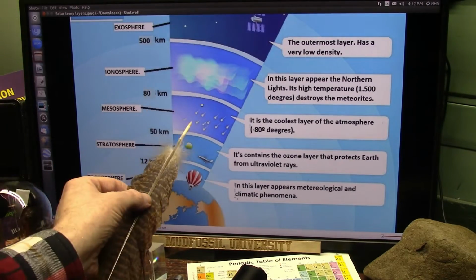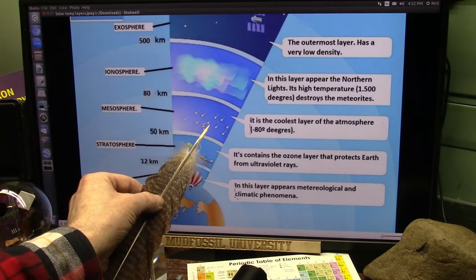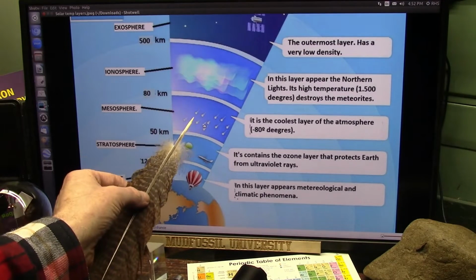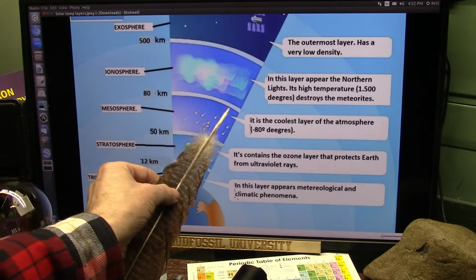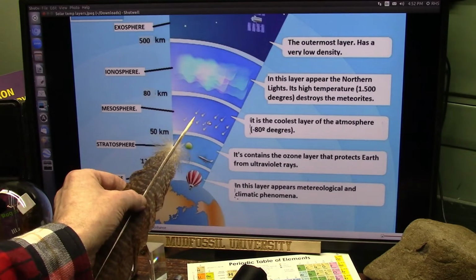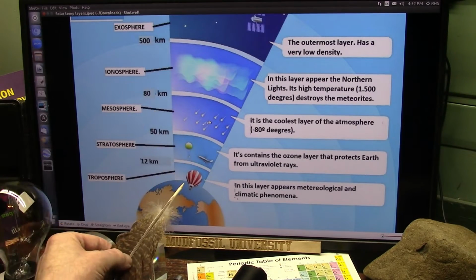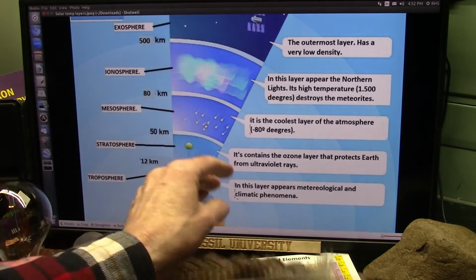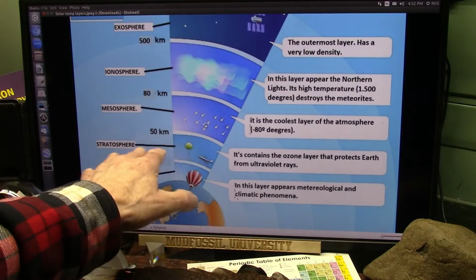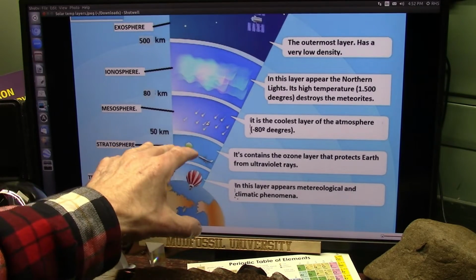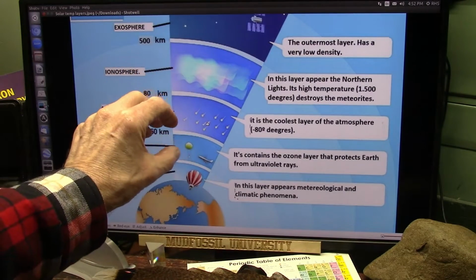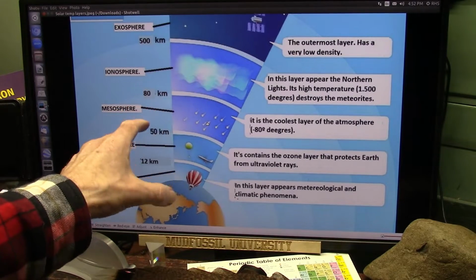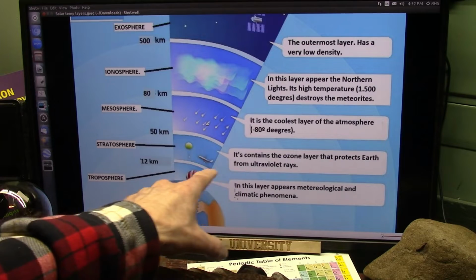Now, right below it is the coldest layer. It's minus 80 degrees Celsius. There's a tremendous difference in temperature. And this layer designates the difference because this is dipole. And then below that, it gets warm again. So it's hot, cold, hot. And then there are other layers here that protect us from certain high energy particles, like the ultraviolet rays and so forth.